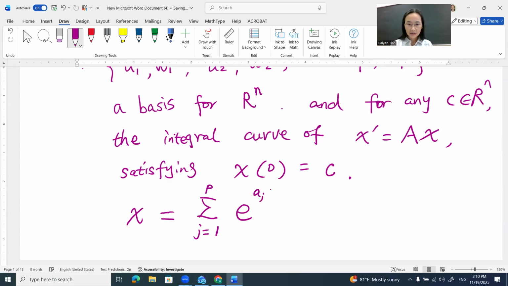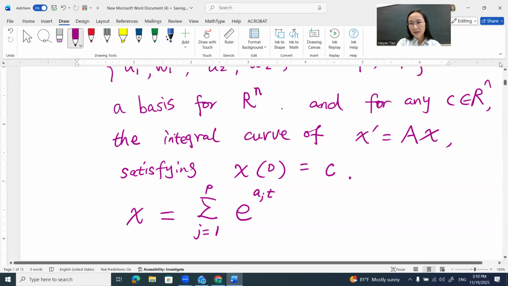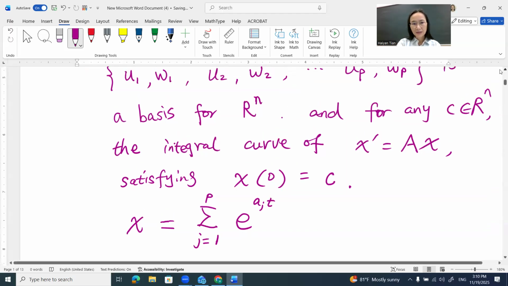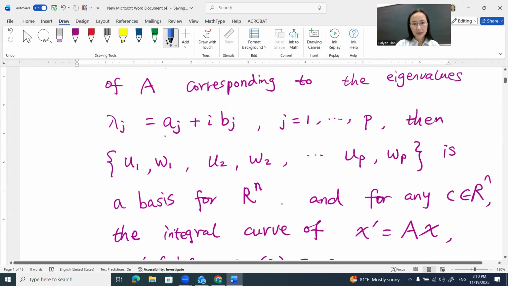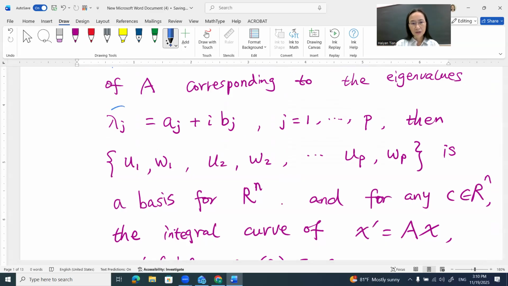So we represent it as e to the a_j t. Remember, a_j is the real part of that complex eigenvalue. So here's a_j. You see a_j, b_j, the real and imaginary part of a certain eigenvalue.